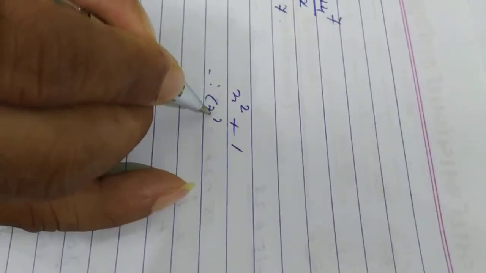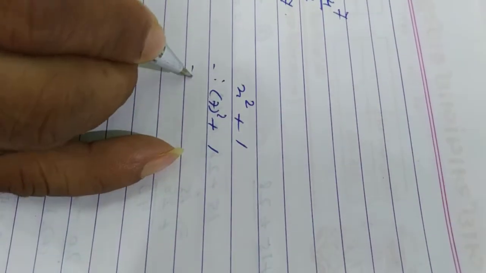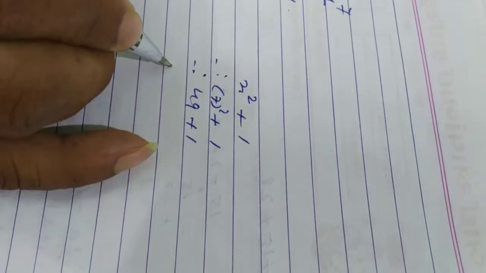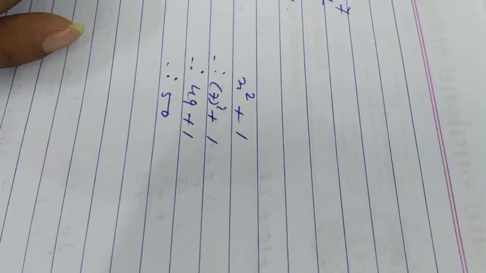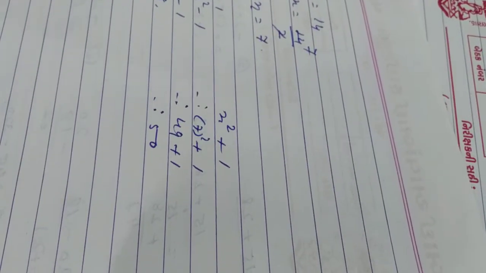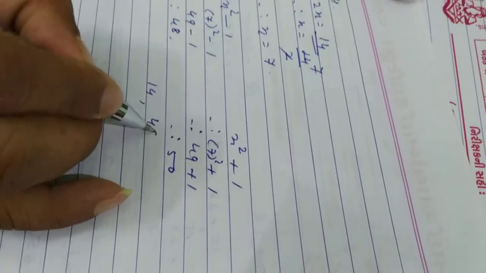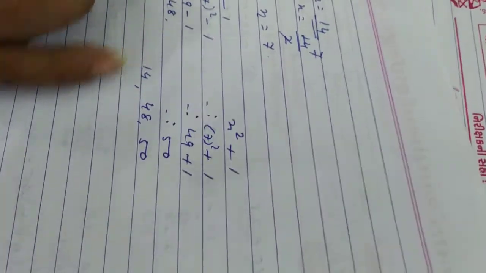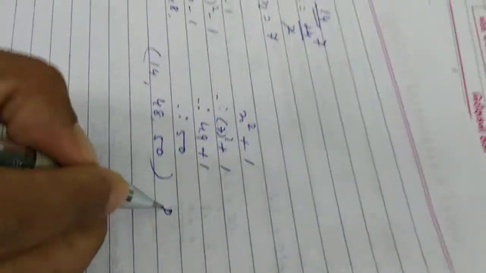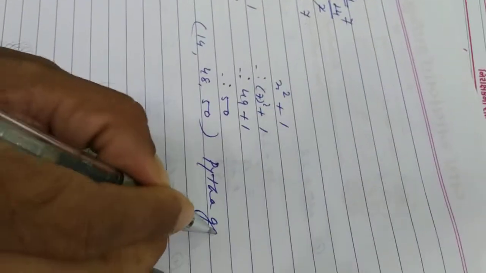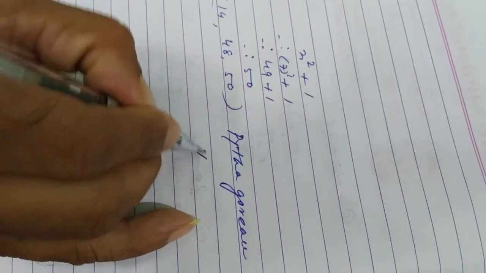As it is n square plus 1, so 7 square plus 1, 49 plus 1. Therefore, 50. So what is the Pythagorean triplet over here? 2n, so 14, right? 48 and 50. Pythagorean triplet.